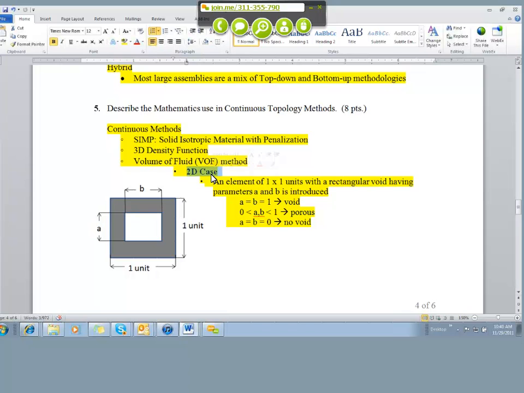I'm not sure that more than 1 or 2 people really explained that. I think most people just threw this mathematics back and didn't tie it into a 2D case.